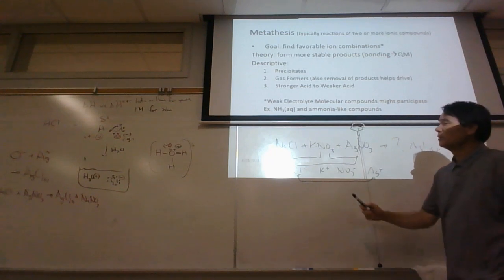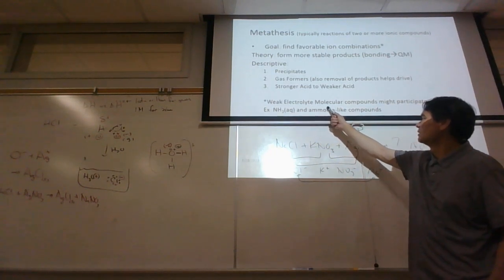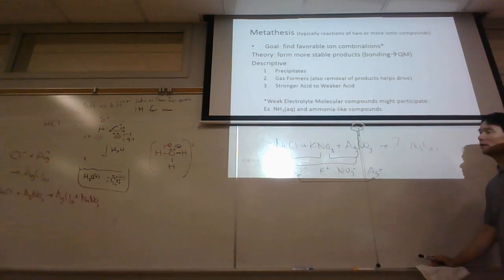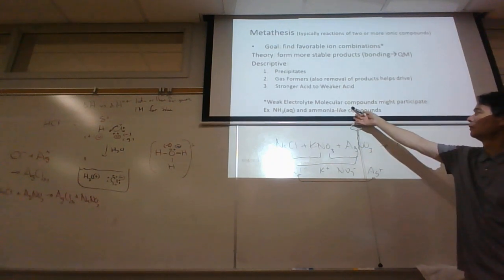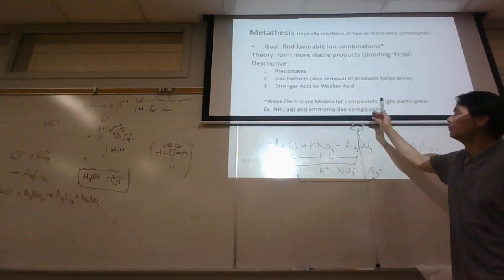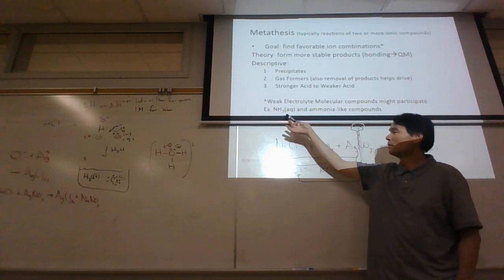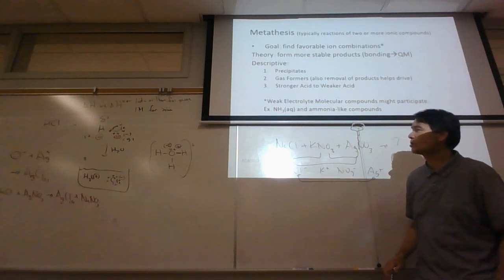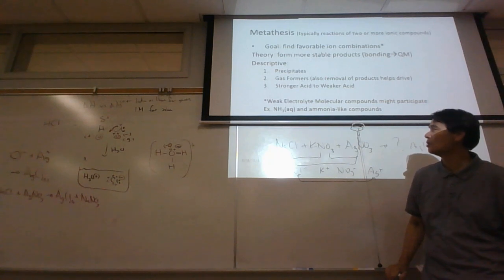Okay, it gets a little bit more complicated because weak electrolytes are not ions. Weak electrolytes are mostly molecules and a small amount of ions. And so a molecular compound like ammonia is for the most part ammonia molecules. But it's a weak electrolyte, and weak electrolytes partially ionize or partially hydrolyze in water.